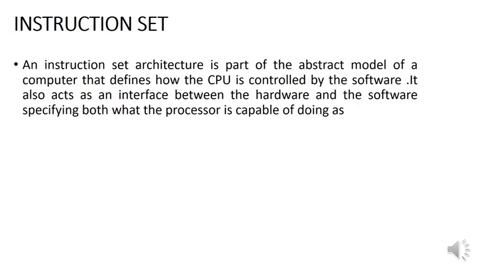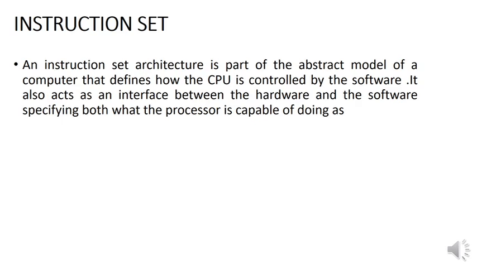When we say operating system is the interface between the hardware, you can see when we break it down again, the instruction set is the interface between the software and the CPU itself, specifying both what the processor is capable of doing at a specific time.